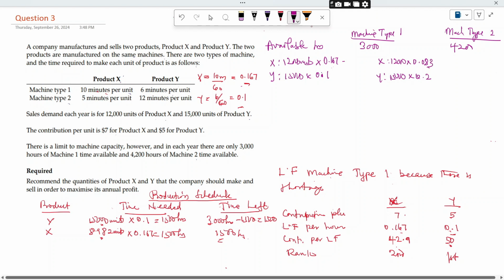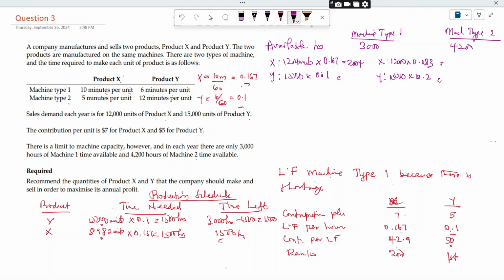When we compute, 12,000 times 0.167 is 2,004, then 15,000 times 0.1 is 1,500.